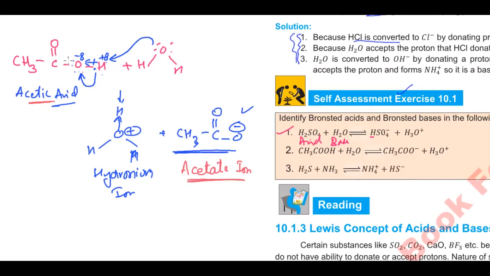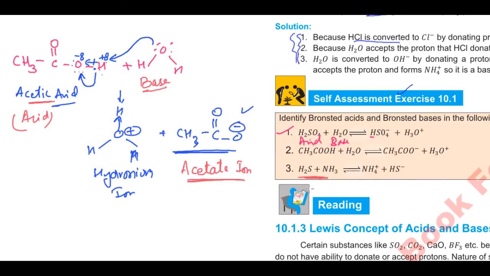Now in this case, which one is a proton donor? So CH3COOH, acetic acid. So this is the proton donor, hence it is an acid, and water is the proton acceptor, so it would be a base. ये आप आज खुद ट्राई करेंगी, फिर मैं आपको कल इसके बारे में बता दूंगा.